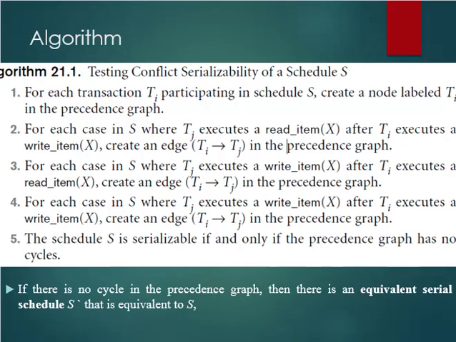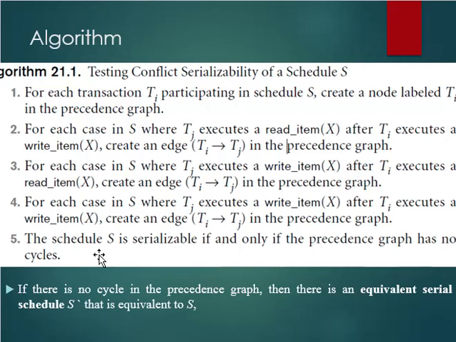The fourth case is between two write items. Firstly we execute write item in Ti followed by write item in Tj, so we draw from Ti to Tj. Always we draw from Ti to Tj, where Ti is the first executed operation and Tj is the next executed operation.